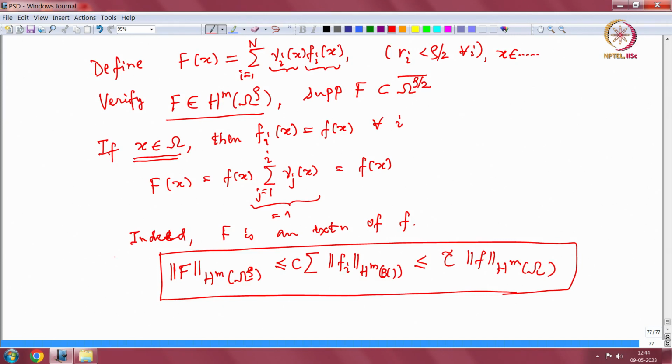Okay. So it remains now to put conditions on the boundary.